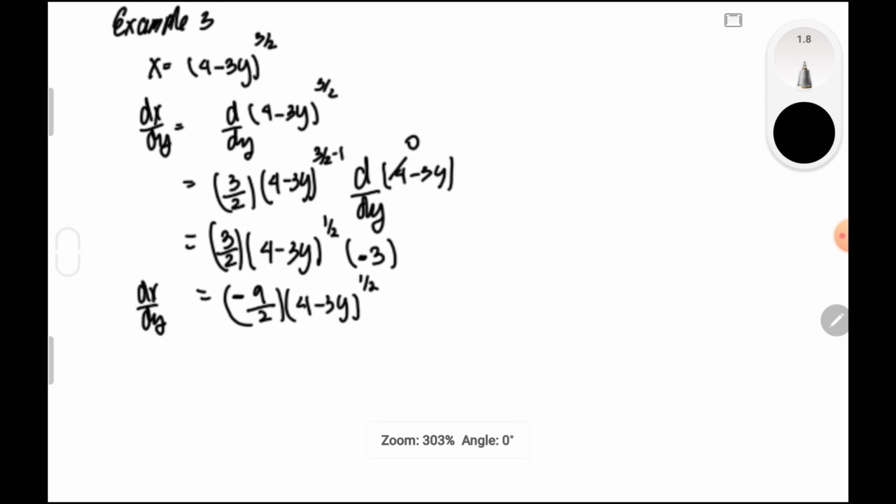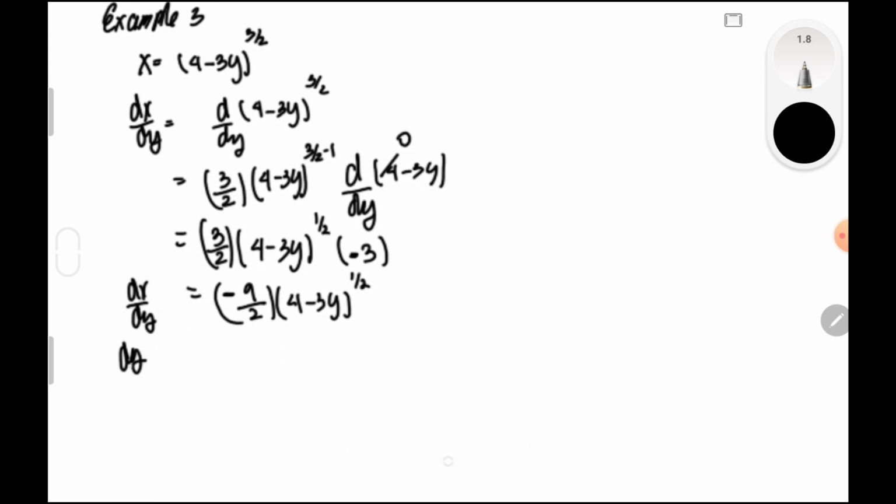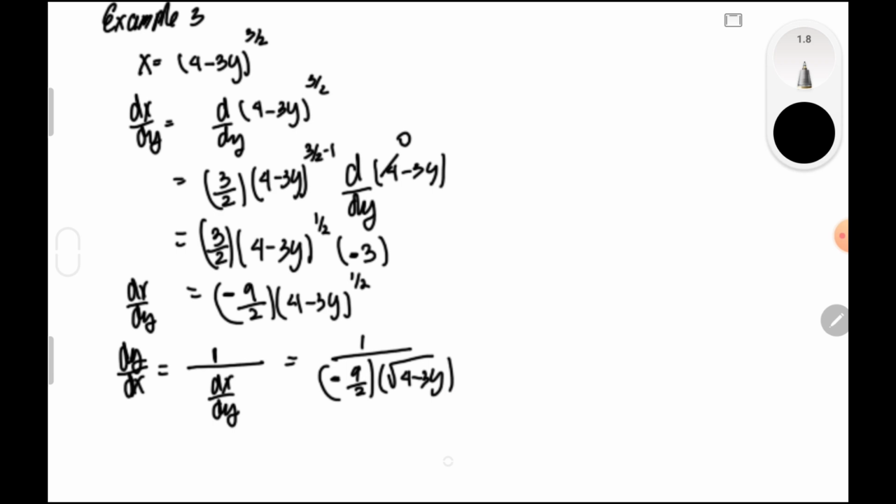Therefore, when we take dy over dx, it will have a value of 1 all over dx over dy, which is equal to 1 all over negative 9/2 multiplied by the square root of 4 minus 3y.